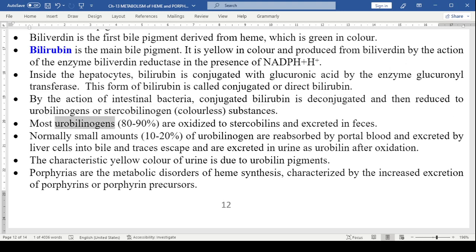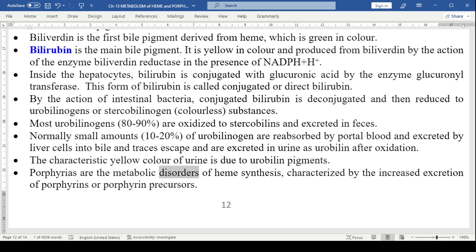Most urobilinogens, 80 to 90%, are oxidized to stercobilins and excreted in feces. Normally small amounts, 10 to 20%, of urobilinogen are reabsorbed by portal blood and excreted by liver cells into bile, and traces escape and are excreted in urine as urobilin after oxidation. The characteristic yellow color of urine is due to urobilin pigments.